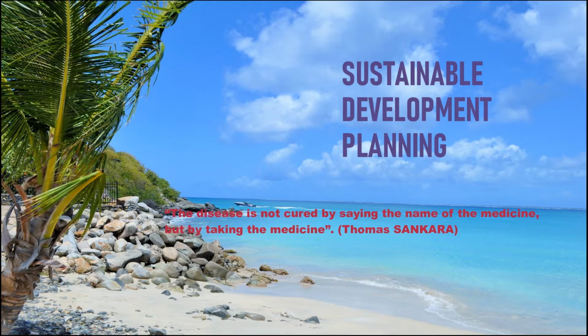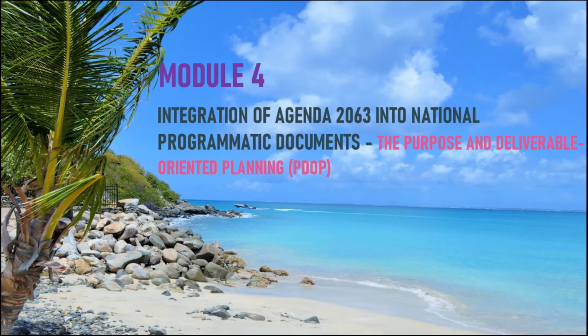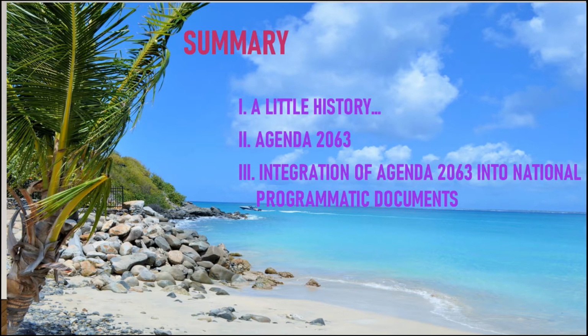So to do that, in this module 4, which is about the integration of Agenda 2063 in national programmatic documents, we will be using once again the purpose and deliverable-oriented planning tool. We will do that in 3 chapters. The first one is devoted to the history of the African Union.